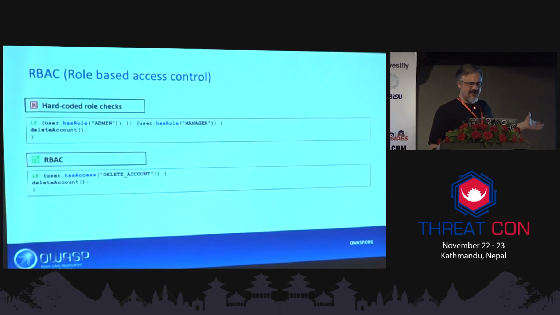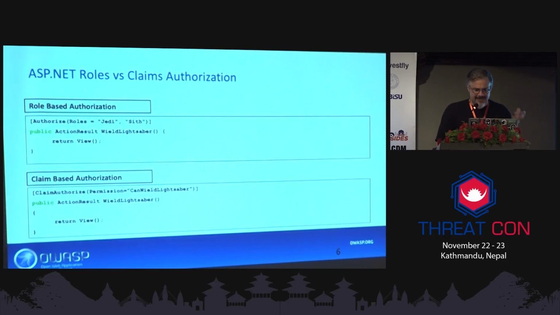So the most common way of doing access control is with roles, role-based access control. This is a very weak form of access control programming. We want to move to a modern standard like claims, right? In a role, I'll say check if the user is a certain role. In claims, a claims-based access control, I'm asking if the user can access a certain feature.